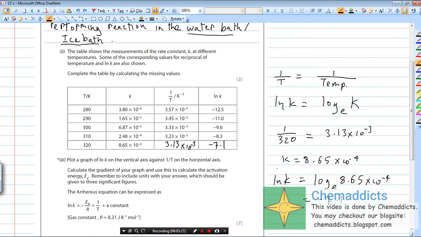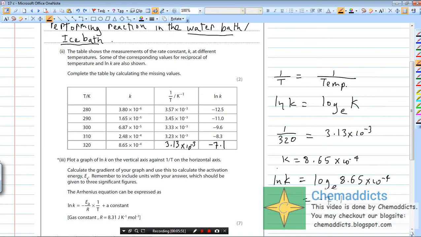Now let us go to the third part of this question. So let us see what the question says. Plot a graph of ln k on the vertical axis against 1 by T on the horizontal axis. Calculate the gradient of your graph and use this to calculate the activation energy EA.